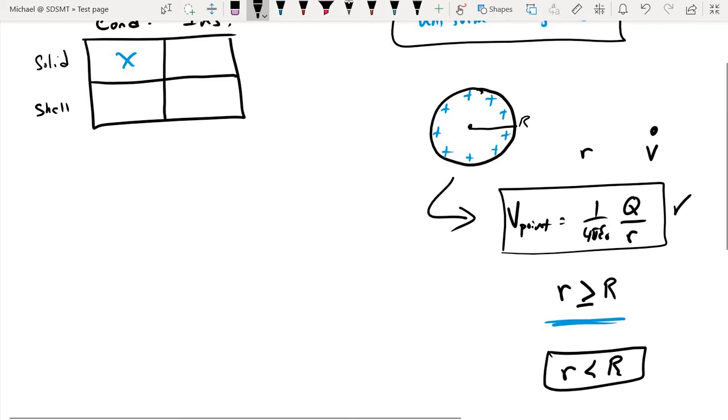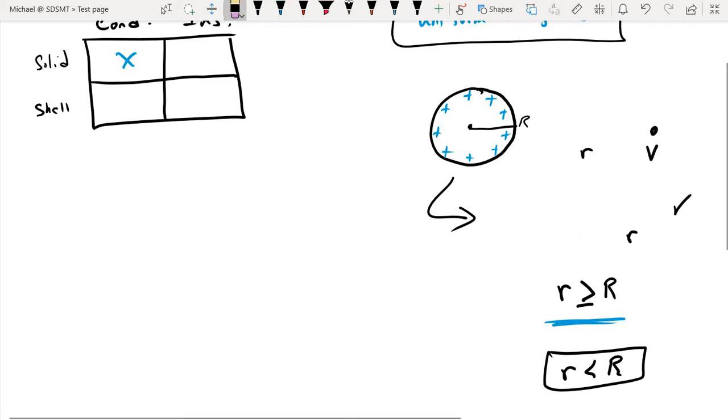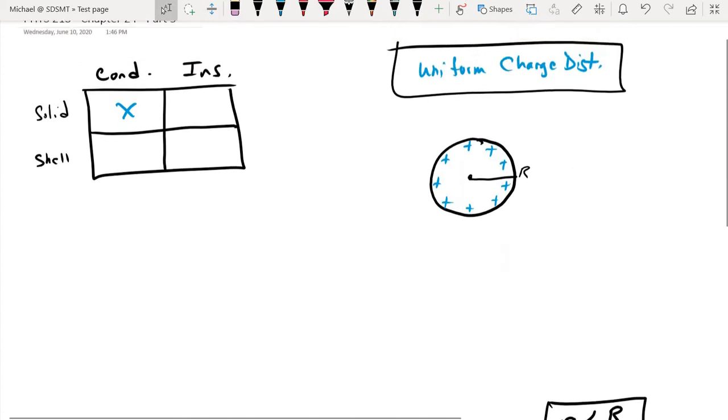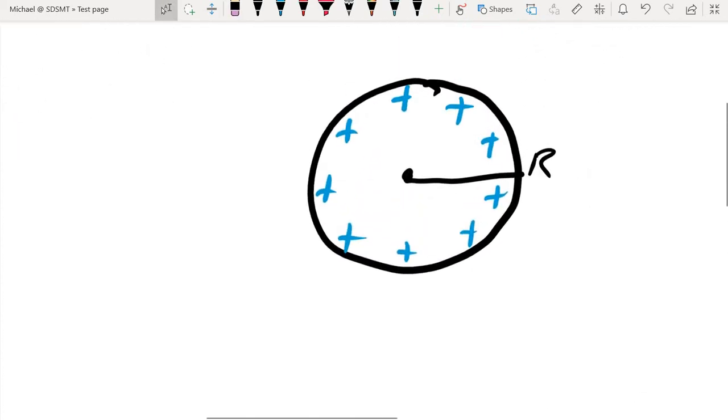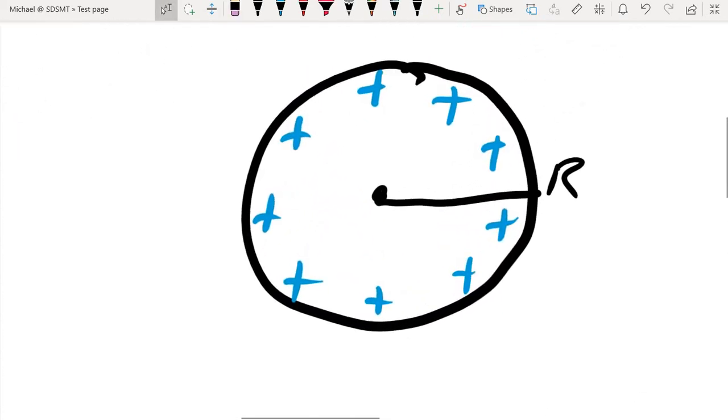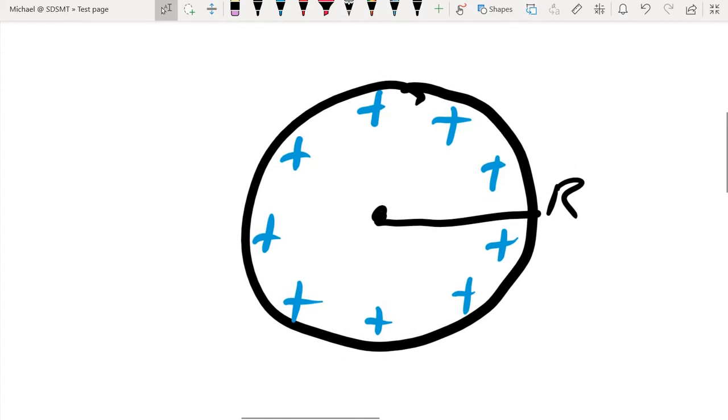But now we have to consider actually going inside the sphere. What's going to happen then? All right, so now actually let's zoom in a little bit. So we're considering the solid conductor.